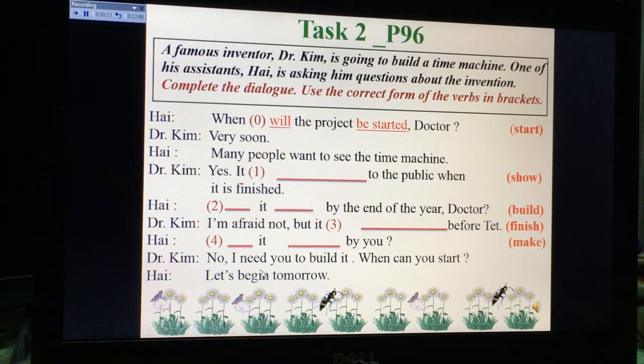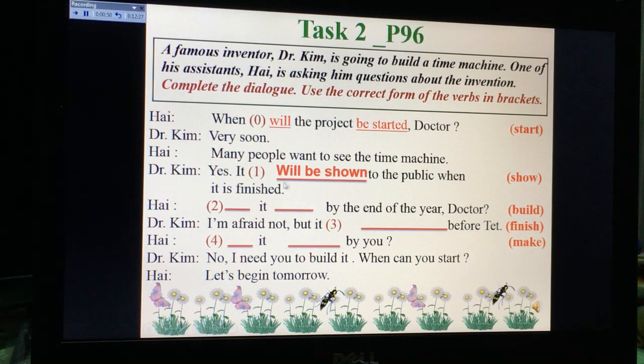So we have 4 blanks here with 4 verbs. Now you stop the video and you do the exercise, and then I help you with the answer. Have you finished? 3, 2, 1. Now here is the answer.